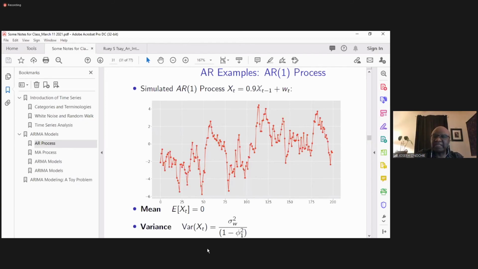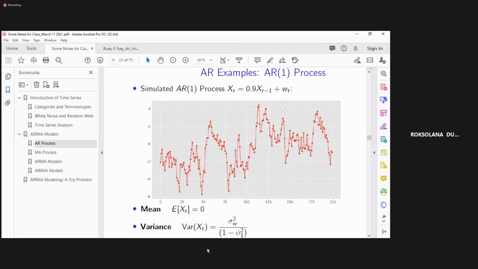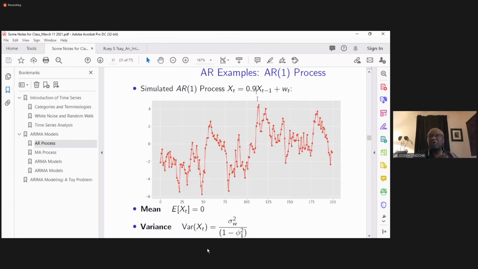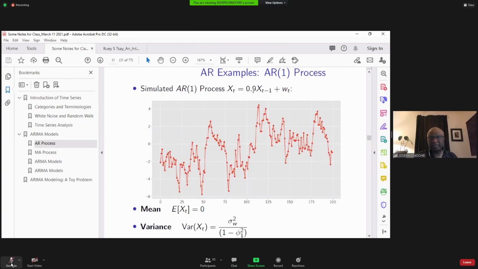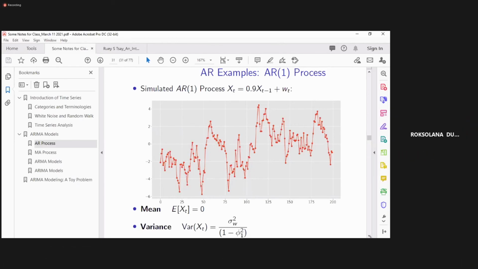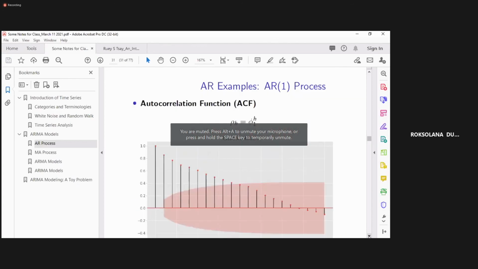Only when this is exactly 1.0 do we say it's a random walk, a non-stationary autoregressive process, okay? Is it stationary if it's below 1? For stationarity, we want it to be below 1. And if it's white noise only, is that stationary? Yes. If it's 0, it's stationary? Yes. Okay, thank you.